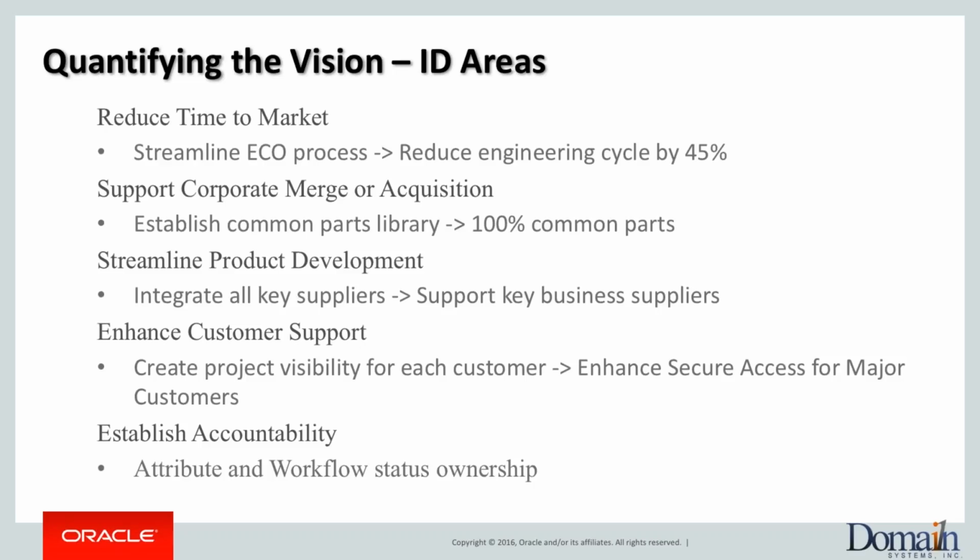Enhancing customer support. We want to create project visibility for each customer, so that they then have understanding and access to what that product is all about, as well as establishing accountability, right? Therefore, you establish possibly attribute and workflow status ownership.